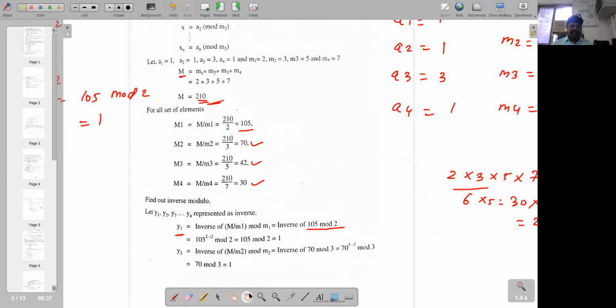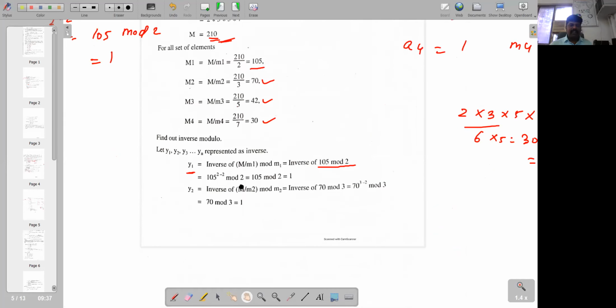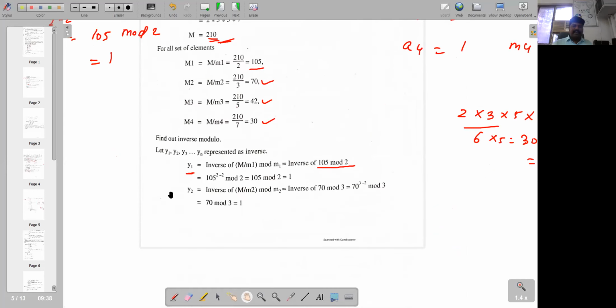Very similarly, when we want to find the modulus value for the second, Y2, which is the inverse modulo of 70, it equals 70 power 3 minus 2. Here this 2 will be common. You may get confused about why we subtract 2, but that is the Chinese Remainder Theorem.